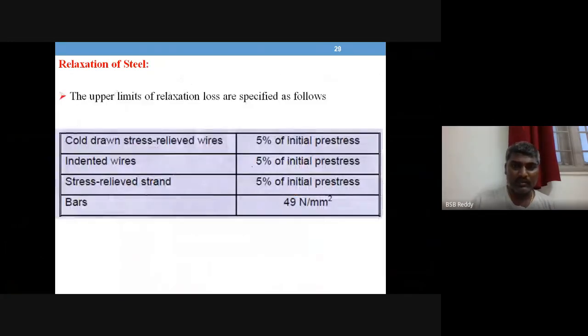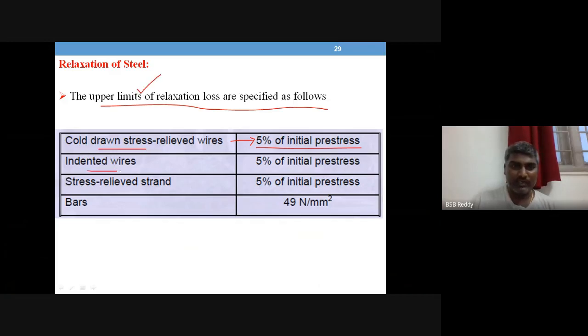Okay, and that is given in this table. The upper limits of relaxation loss should be like this. So the cold drawn form of steel also matters here. Cold drawn stress relieved wires shall not have more than 5% of initial pre-stress as the limit for relaxation loss.